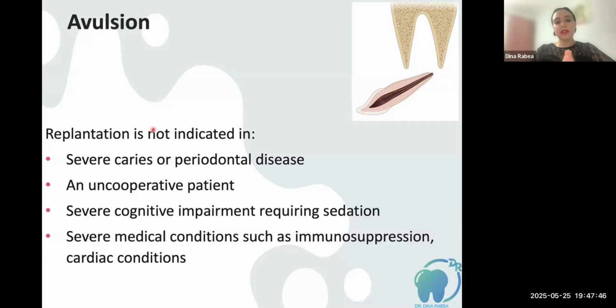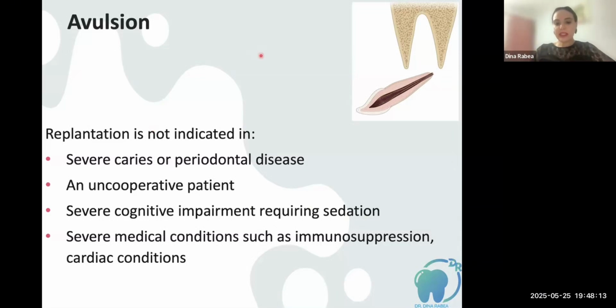But sometimes reimplantation is not indicated in patients who cannot sustain a replanted tooth, when a tooth might be a hazard to the kid. This most of the time happens with very uncooperative patients, with patients with cognitive impairments requiring sedation, like patients with mental impairments, aggressive spectra of autism, ADHD, and so on.